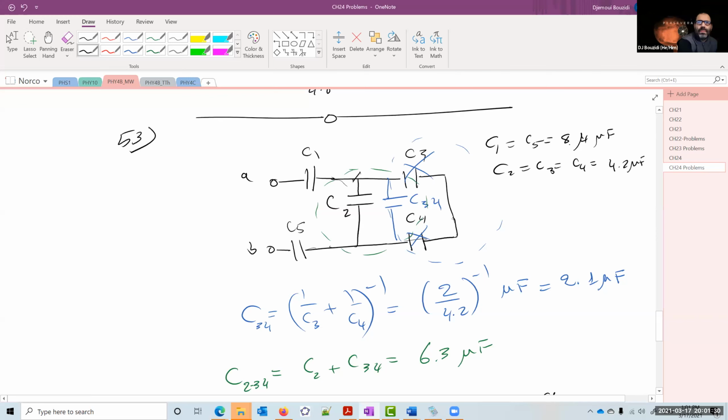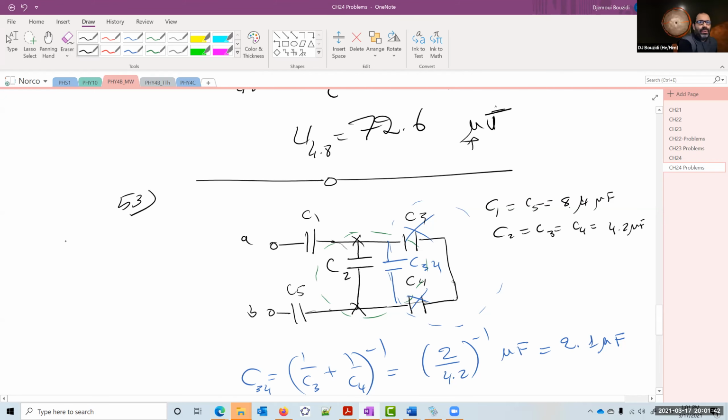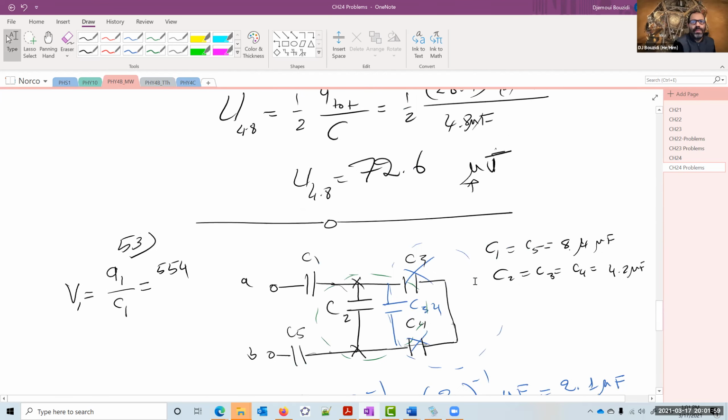This voltage between here and here. Since I know the charge in here, which is 554 microcoulombs, and since I know the capacitance, I know the voltage drop on C1. So V1 is equal to Q1 divided by C1. And Q1, I just found, is 554.4 microcoulombs, divided by the capacitance of C1, which is 8.4 microfarads.